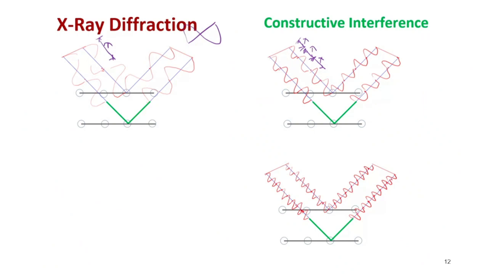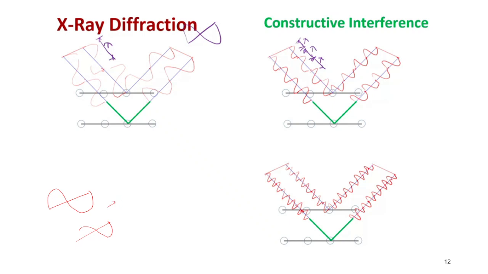The thing here is, in constructive interference, it must be made sure that the phase is perfectly in line, even if it is a little bit out of phase also.